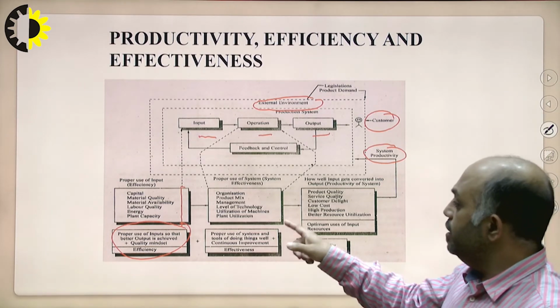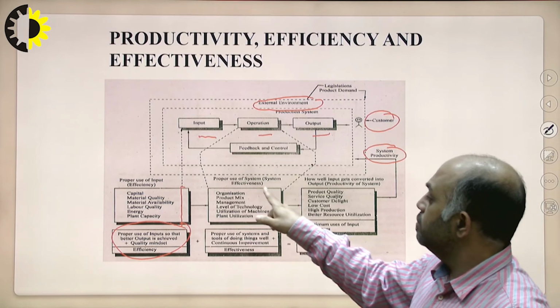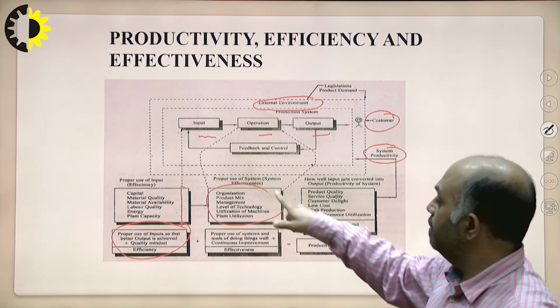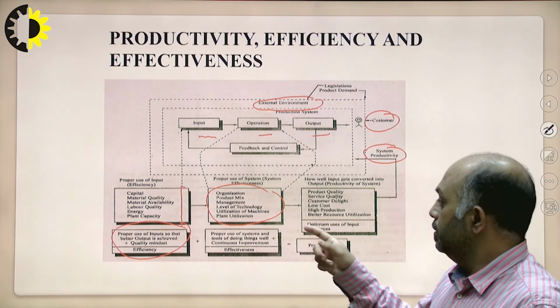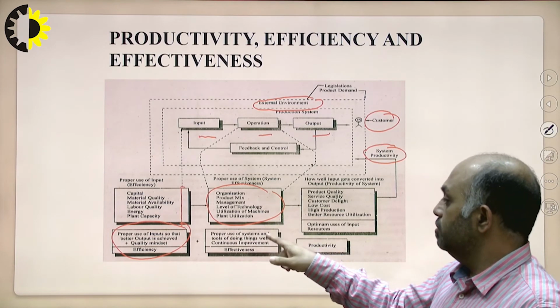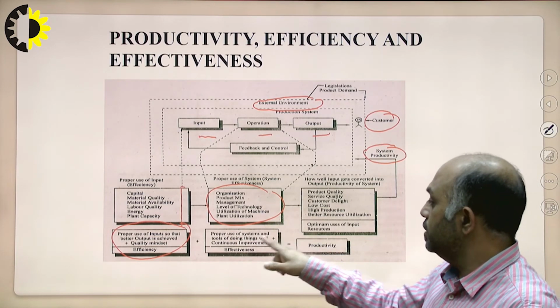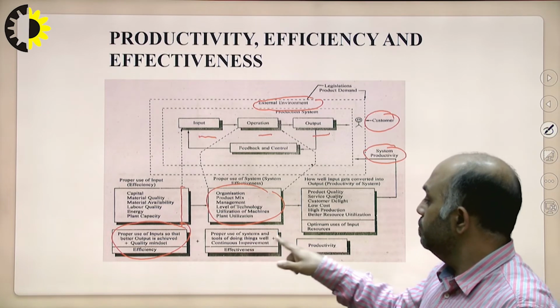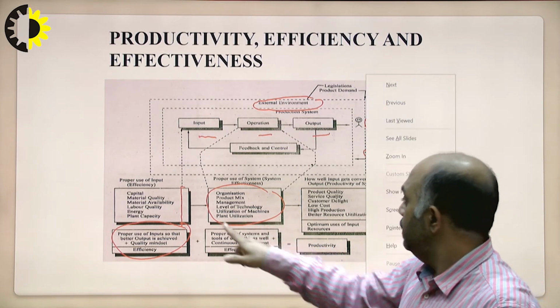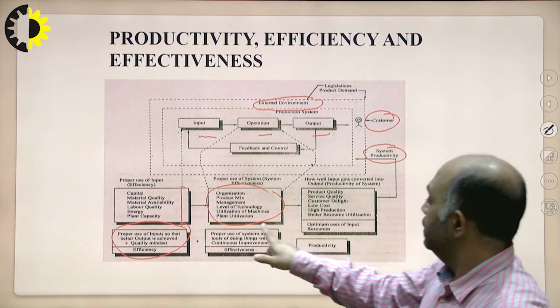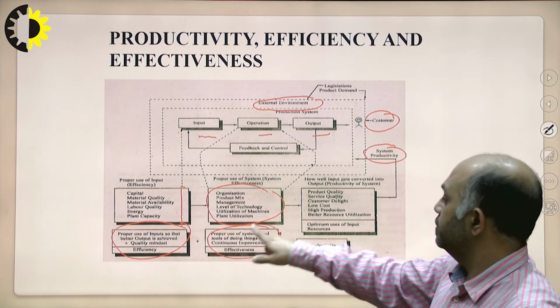Now, there is another thing, that is the organization, product mix, management, level of technology, utilization of machines, plant utilization. So, proper use of systems and tools, and continuous improvement, is basically effectiveness, right.